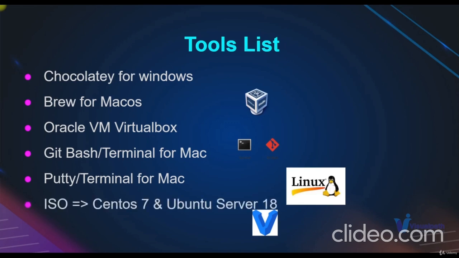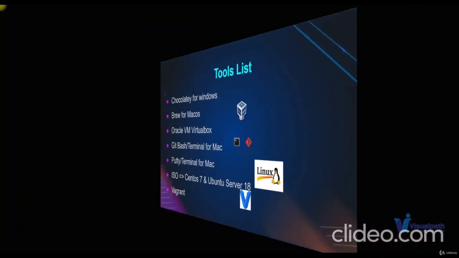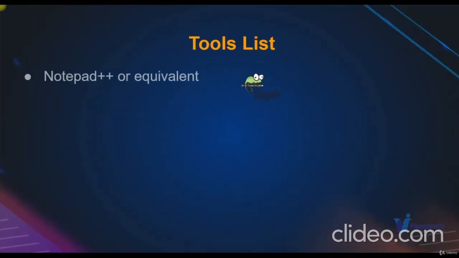We'll also need ISOs for CentOS 7 and Ubuntu, which we'll download. And we'll need Vagrant when we automate the virtual machine setup. A few other tools you may have installed already, like Notepad++ or any equivalent editor, or PyCharm or IntelliJ, are also fine.